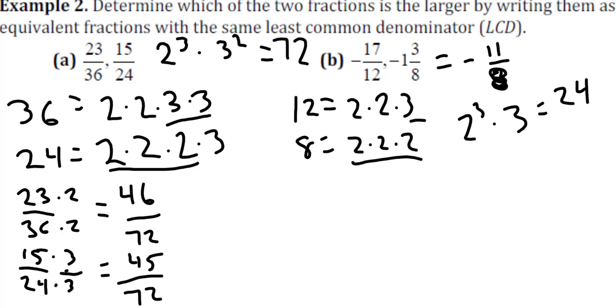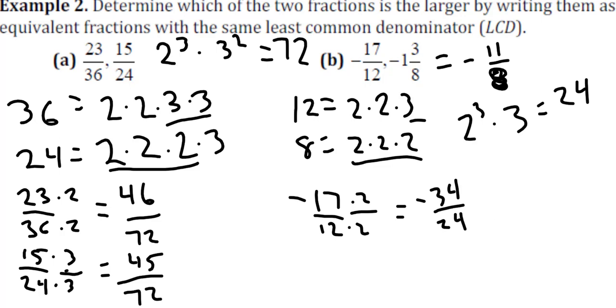So we're going to take the negative 17 twelfths and multiply it by 2 on the bottom and 2 on the top. So that gives us what? Negative 34 24ths. So now we do the same thing here for our negative 11 eighths. We got to multiply this one by 3 though to make it 24. So we can see that we're going to have negative 33 24ths. So which one is bigger?